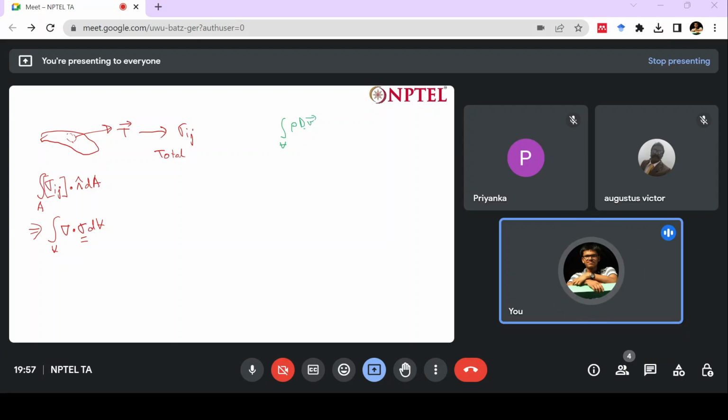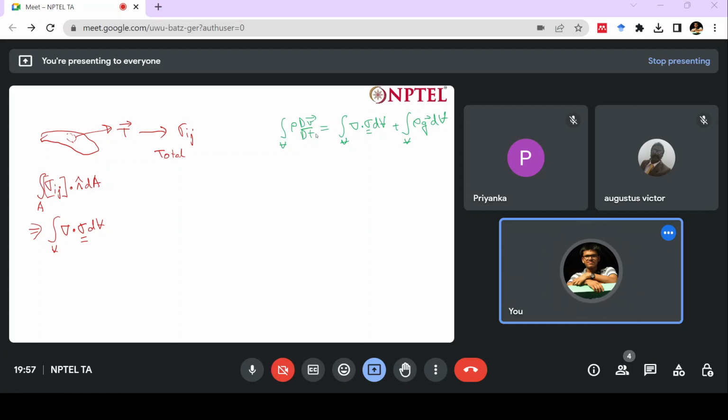So we so far have this. Plus this is also a volume integral. Let's say we have gravity force.